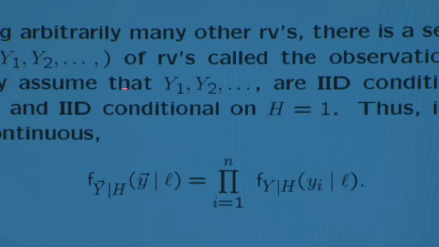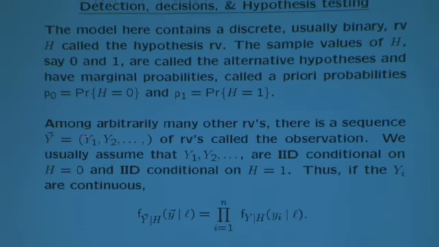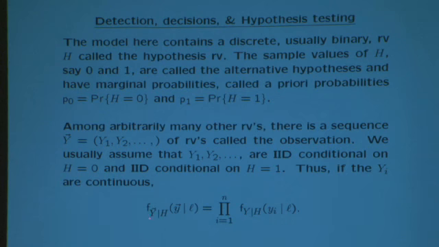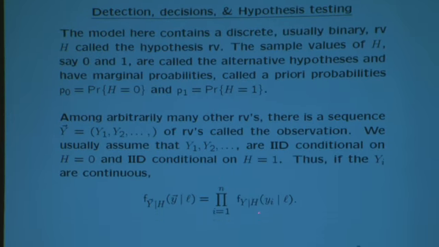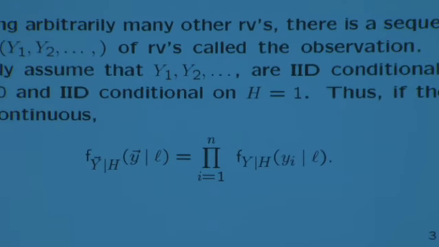So for each value of n, we look at n observations. We can calculate the probability density that those observations would occur conditional on hypothesis 0. We can find the conditional probability they could occur conditional on hypothesis 1. And since they're IID, that's equal to this product here.